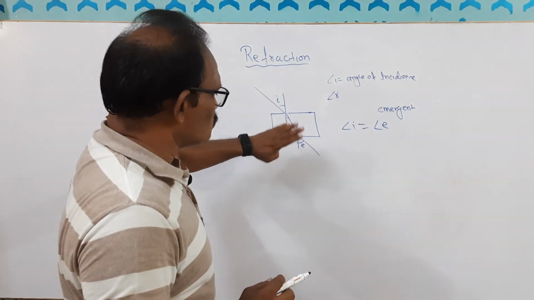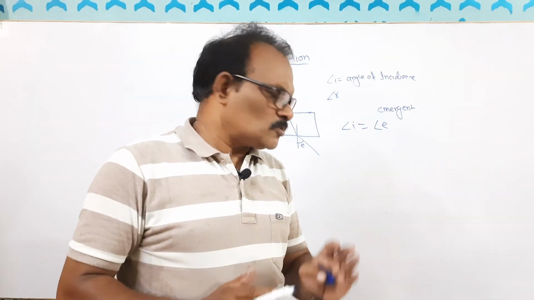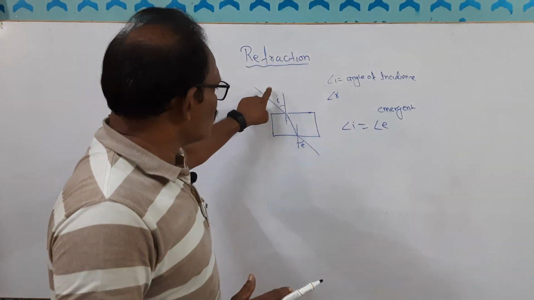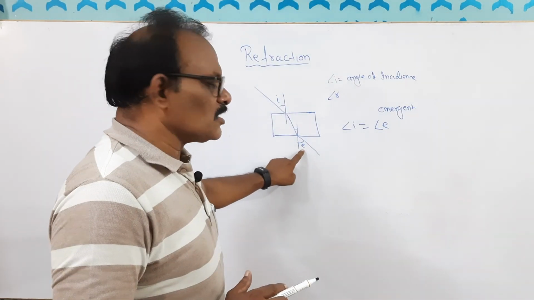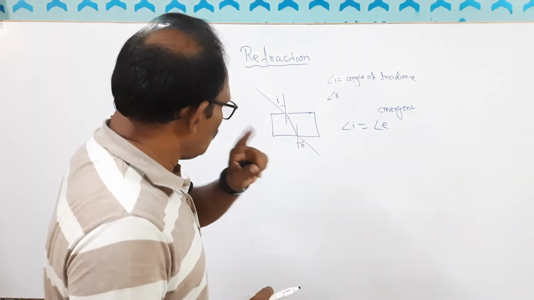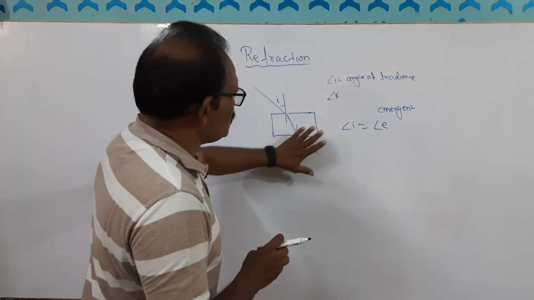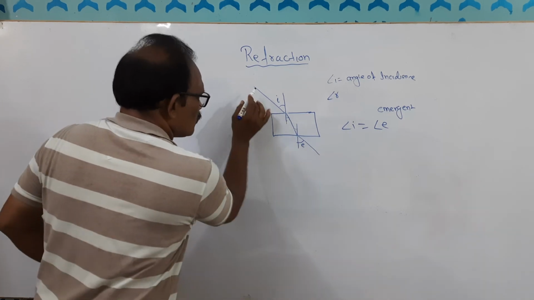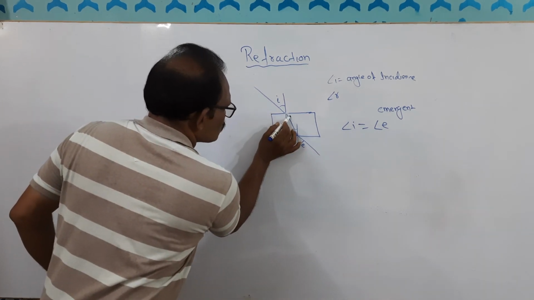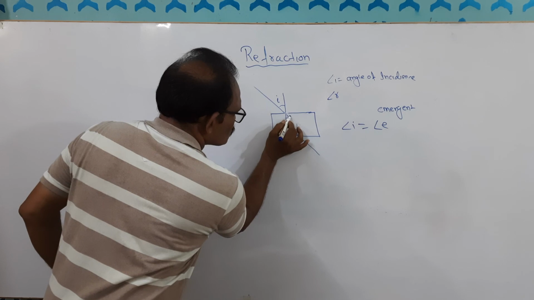If you do this practical perfectly, your calculation will come. Whatever angle you got, the same angle of emergence will come. Now one more thing to remember: suppose the glass was not there, what could have happened? This line could have gone like this.